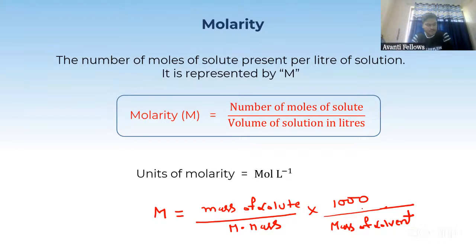So this is the formula for finding the molarity. Molarity is equal to mass of the solute divided by molecular mass, into 1000, and divided by mass of the solvent, right?